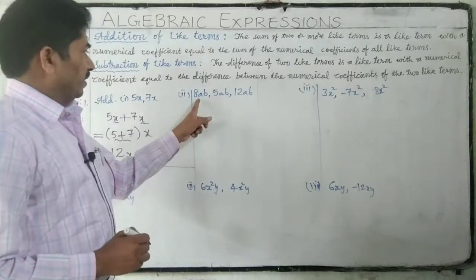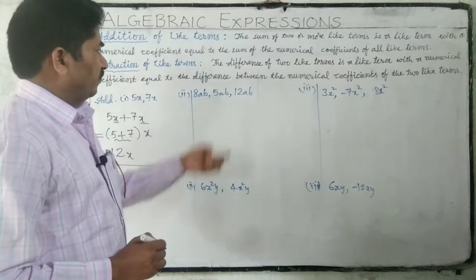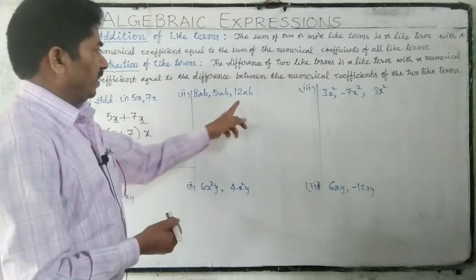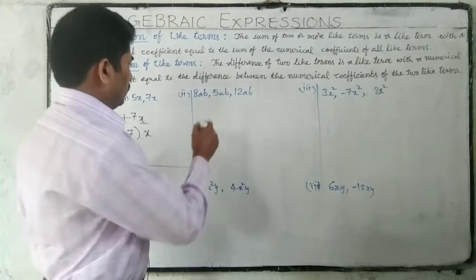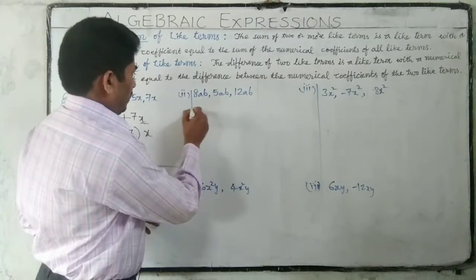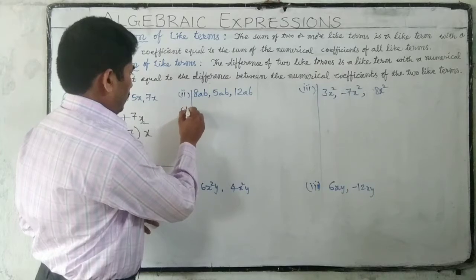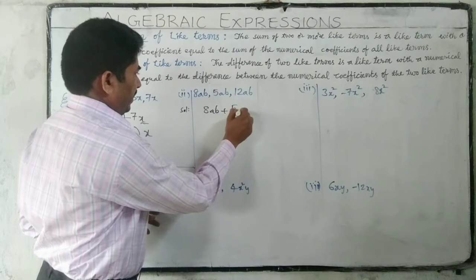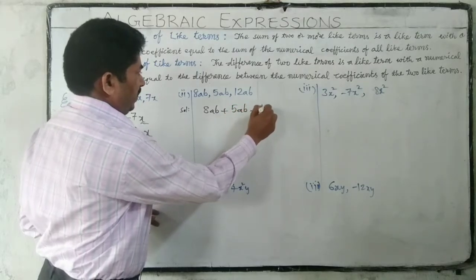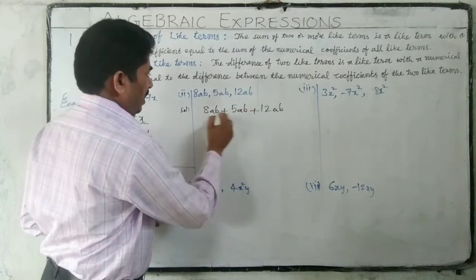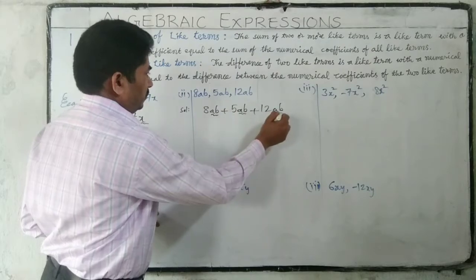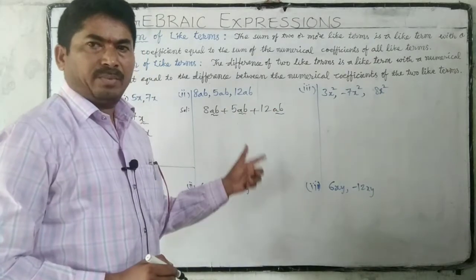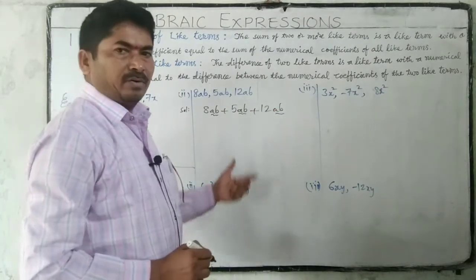Next, second one: 8ab plus 5ab plus 12ab. These all are like terms: ab, ab, ab, a common variable.